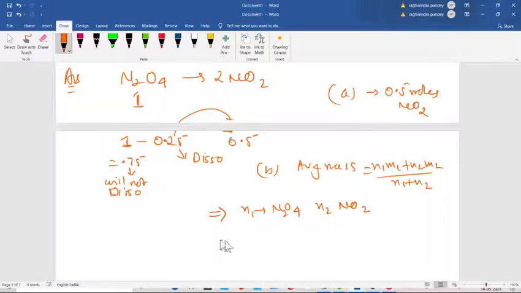So we can calculate it easily. N1 is 0.75 moles of N2O4. What is the mass of N2O4? You can calculate 28 plus 64.